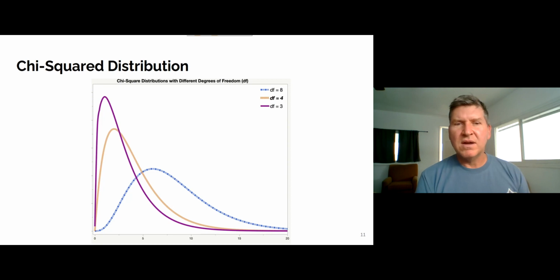You can see it's got a long tail. But if you look at the ones with fewer degrees of freedom, it certainly has a very different distribution. So this is why the degrees of freedom play an important role in the chi-squared distribution. The chi-squared distribution is a special case of the gamma distribution, which is used a lot in inferential statistics.